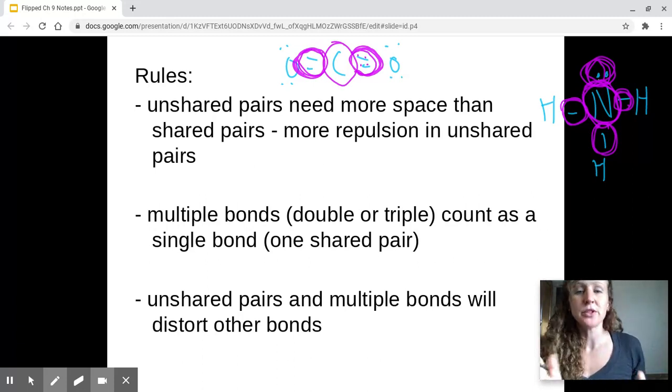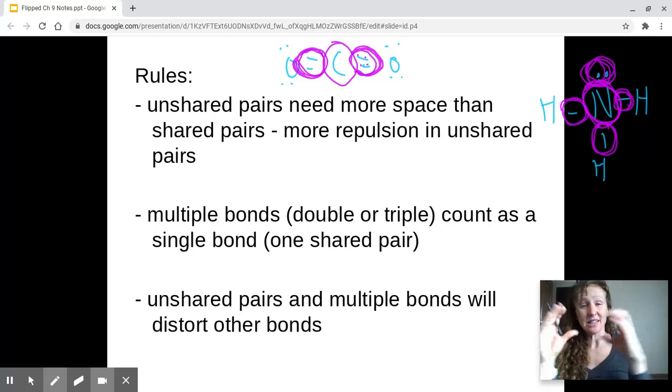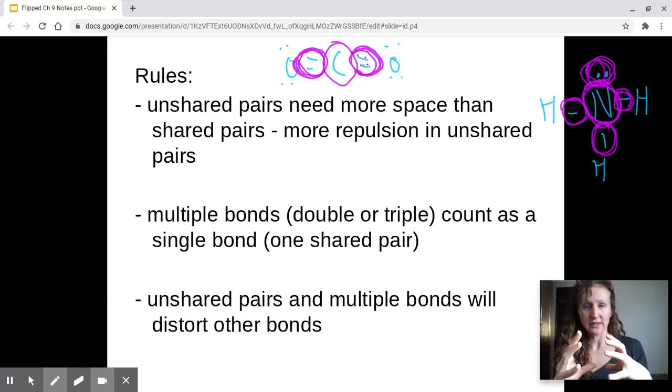So this is rule number 2. Single bonds count as an area. So do double bonds. So do triple bonds. So do lone pairs. Even though they contain different amounts of electrons, because they're locked into that one area, they still count as one repelling region around that central atom.